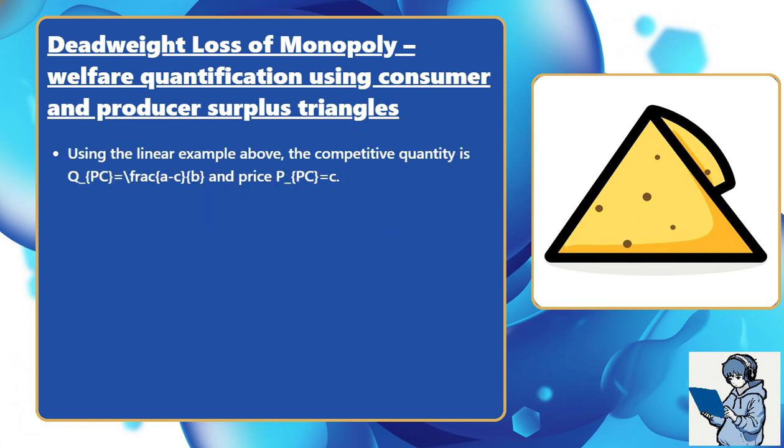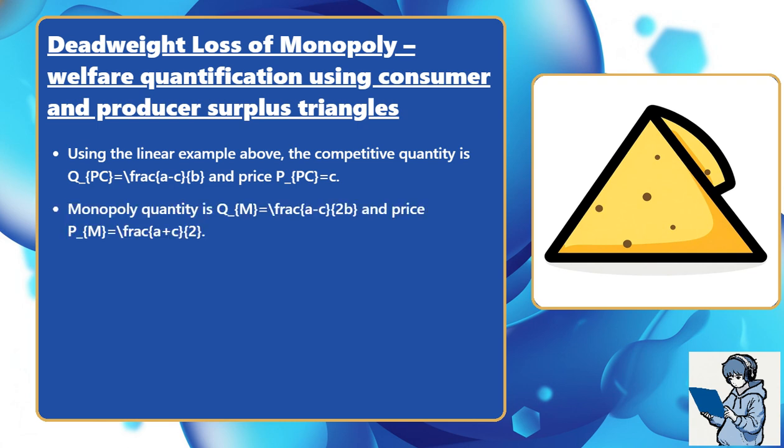DWL. Using the linear example above, the competitive quantity is Q_PC = (a - C)/B and price P_PC = C. Monopoly quantity is Q_M = (a - C)/(2B), and price P_M = (a + C)/2.